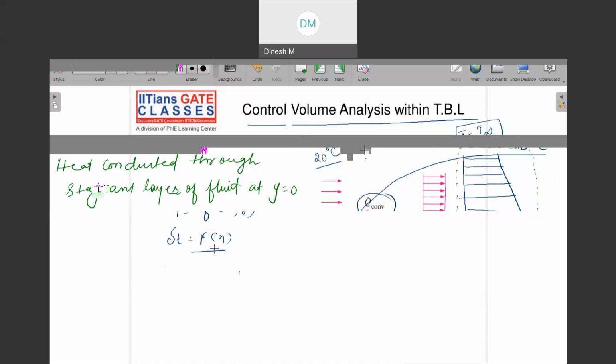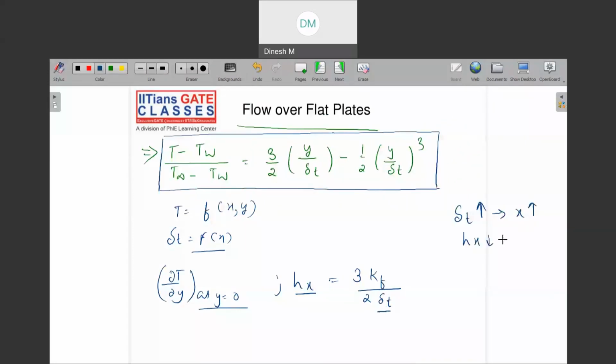So delta t increases with the x, yes or no? Delta t increases with the change in what? X. So what happens here is that hx decreases with the change in x.